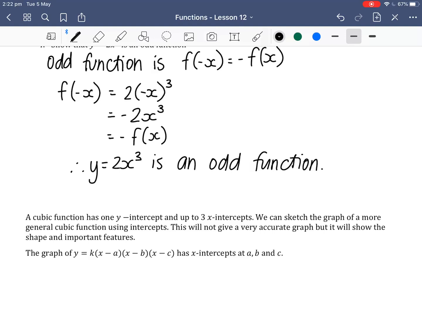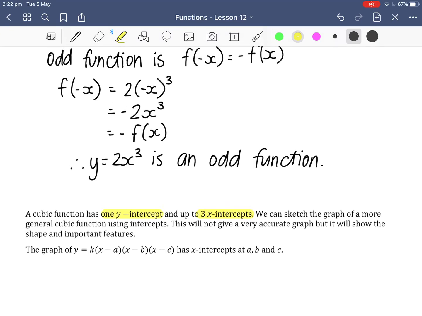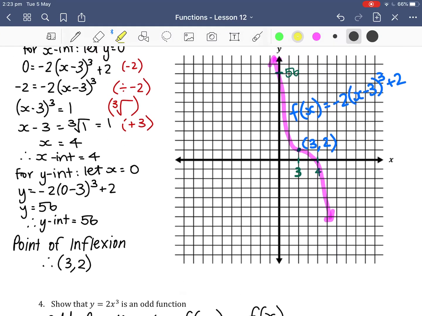Now we're going to look at how a cubic function has 1 y-intercept and up to 3 x-intercepts. So we can sketch the graph of a more general cubic function using intercepts. This will not give a very accurate graph like I stated up here.